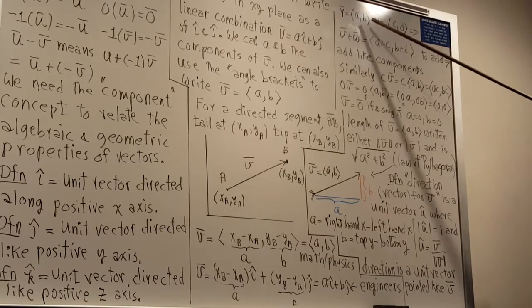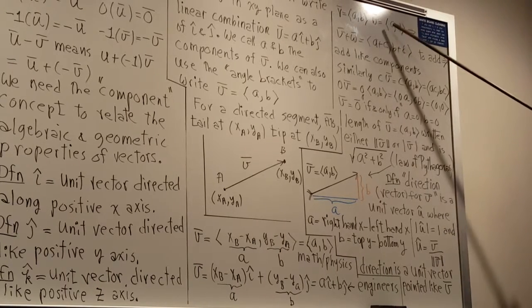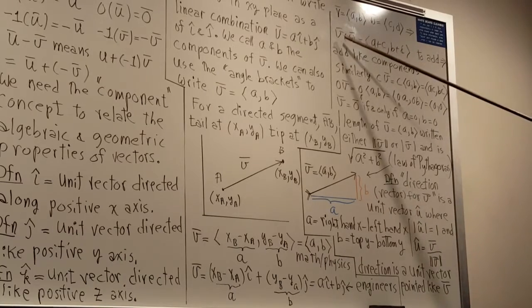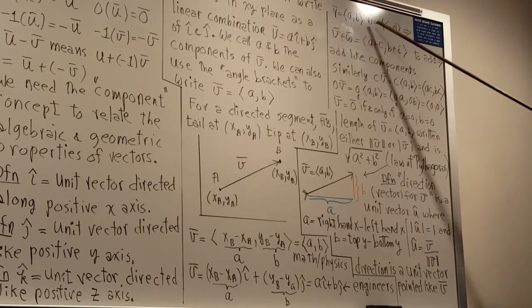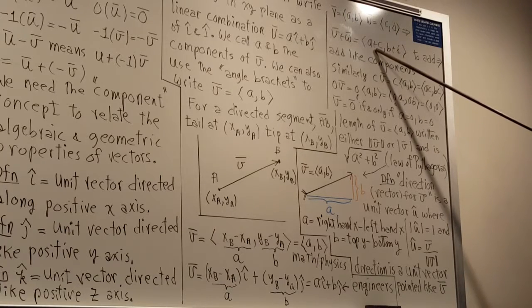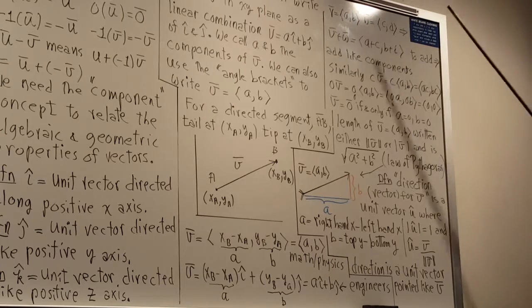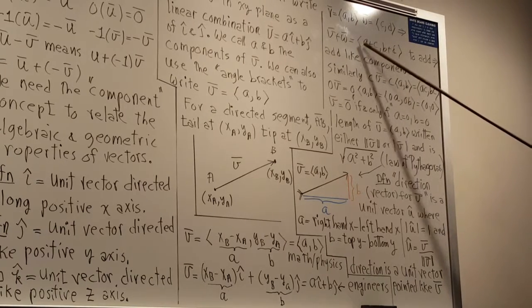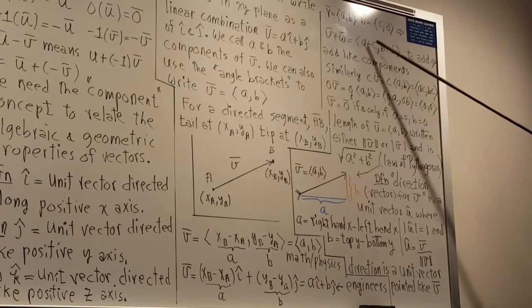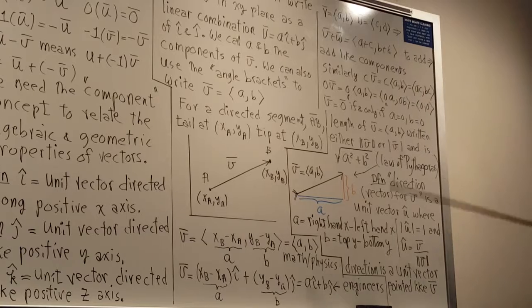So if you have V as ⟨a, b⟩ and W as ⟨c, d⟩, then if you're adding the vectors, what you do is you add the like components. So it's the vector ⟨a plus c, b plus d⟩. And it's the same whether you use the angle brackets or say (a plus c) i and (b plus d) j.